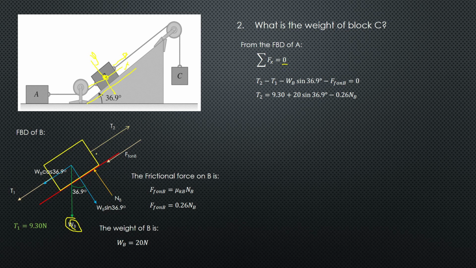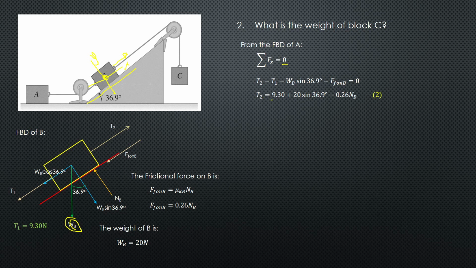So X components or horizontal components: T2, T1, this one WB cosine 36.9, and the frictional force. So therefore, positive direction is to the right. So positive T2 minus T1 minus weight cosine 36.9 and minus frictional force will be equal to 0. Simplifying the equation, you get equation 1.